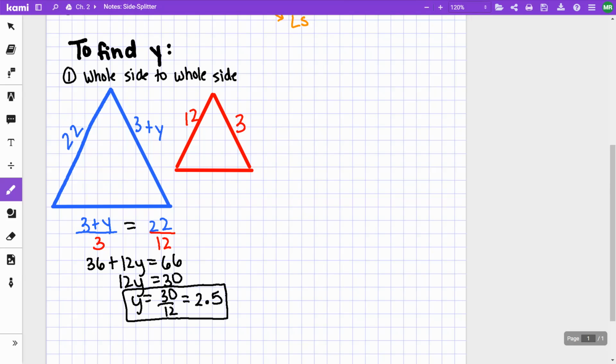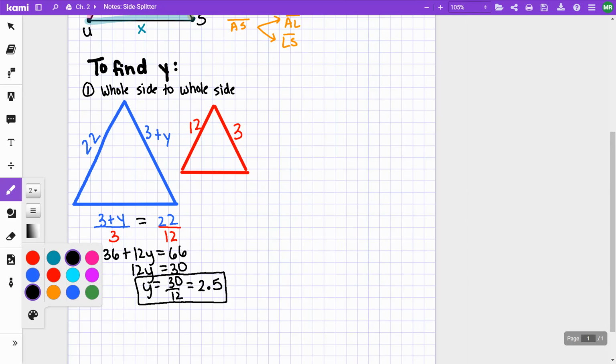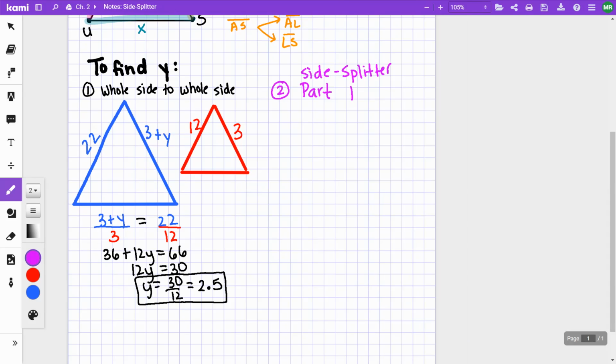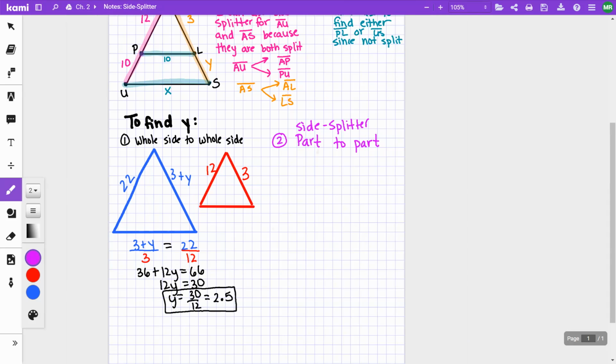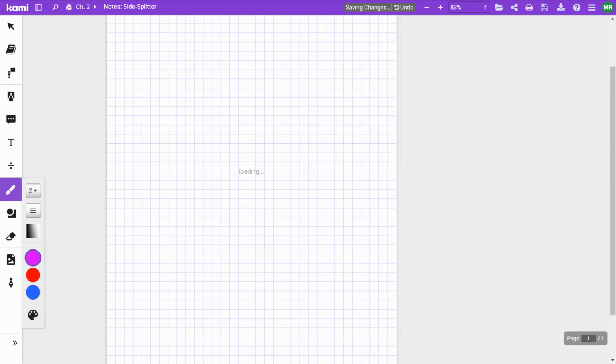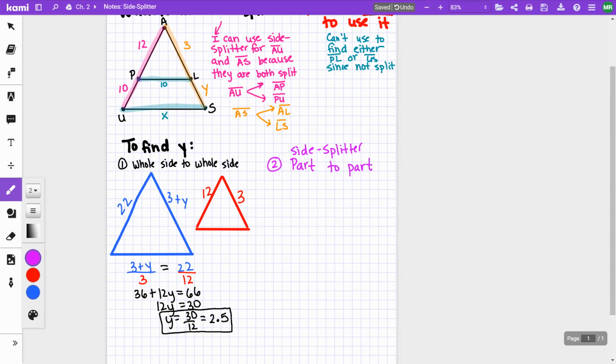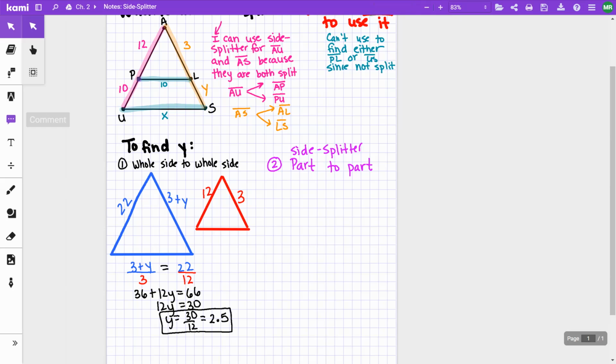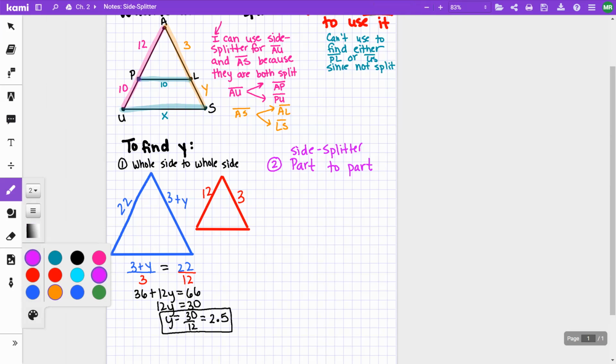Another way to do it is to do part and part. So my second way is to use the side splitter, and I'm going to do part to part. So I'm going to have this triangle. Let me just redraw it.